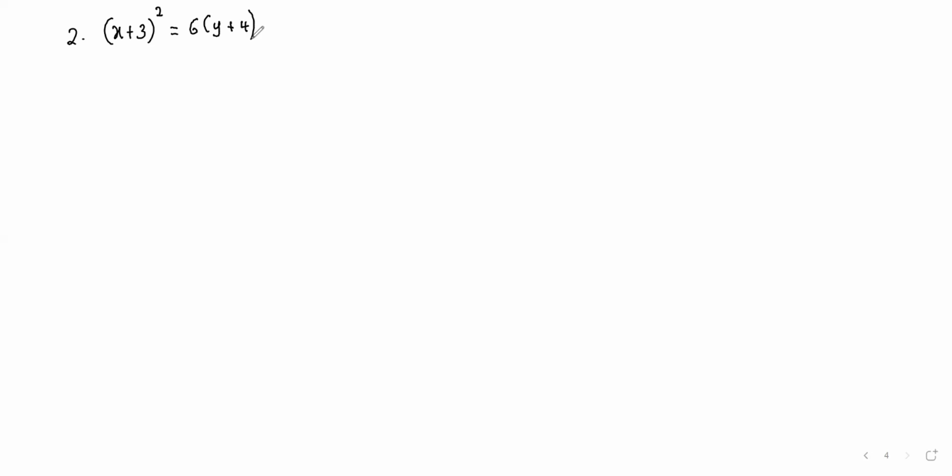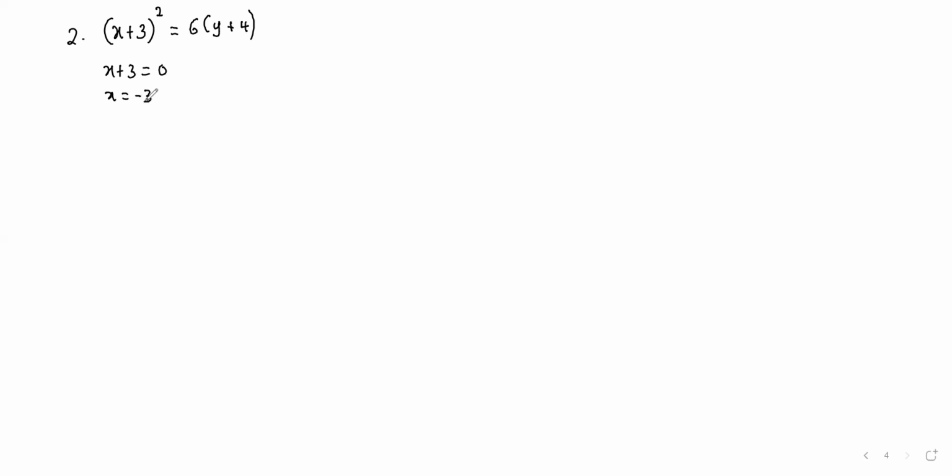Okay, so here is the equation. So first we know that the vertex, the focus will be on the x, on the line x is equal to something. So what is that something? We get x plus 3 and equate it to 0. So we get x is equal to -3.